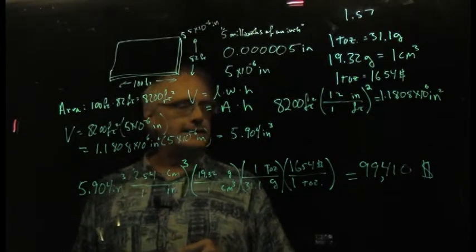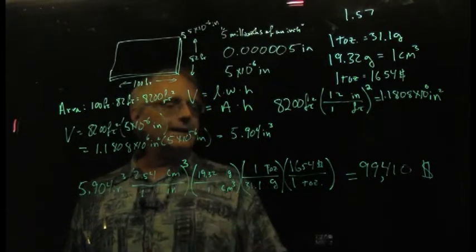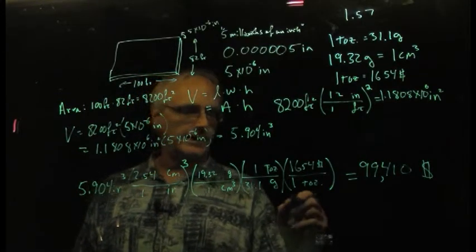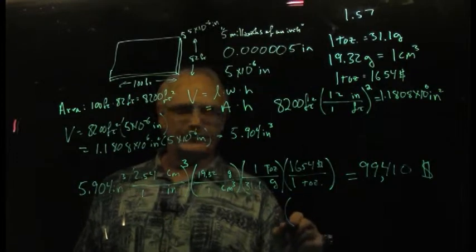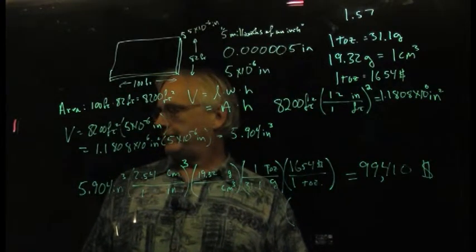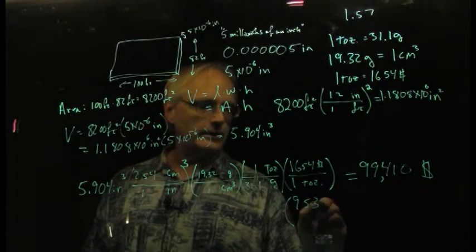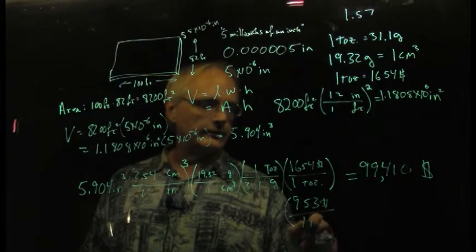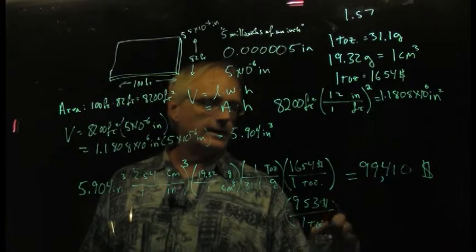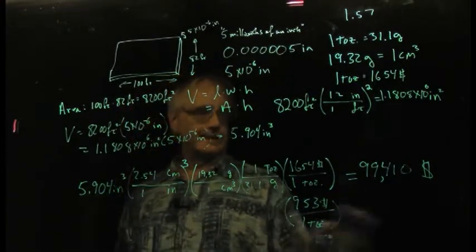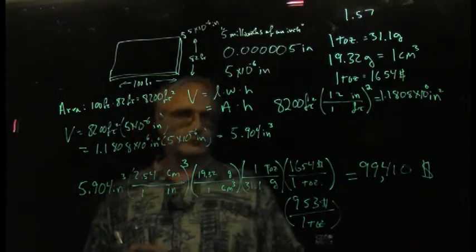What they did, in the 12th edition of our textbook, Brown-LeMay, the price of gold was very different. The price of gold in the 12th edition was $953 for a troy ounce. And that changed the calculation. You plug this into this calculation, that's where their answer comes from.